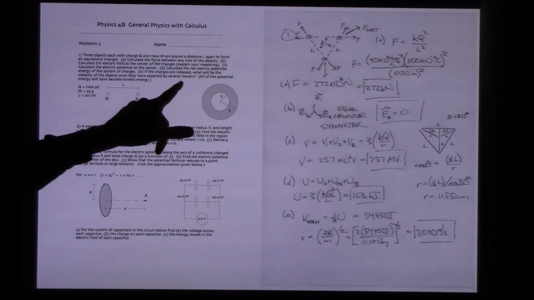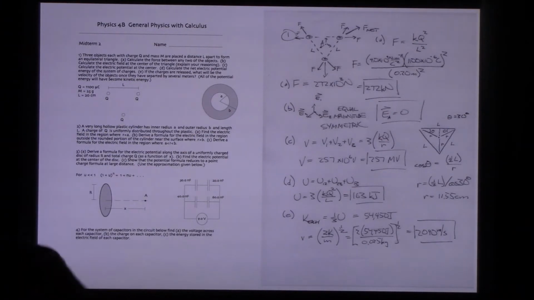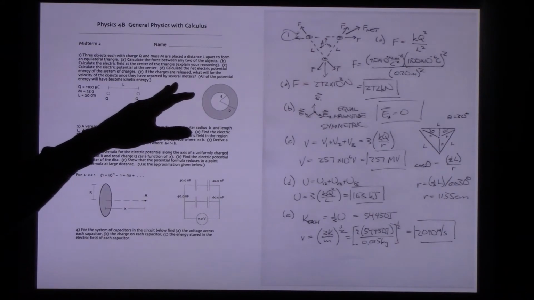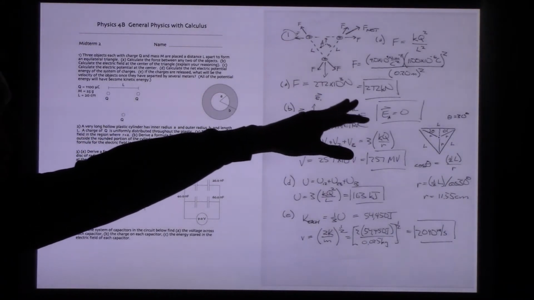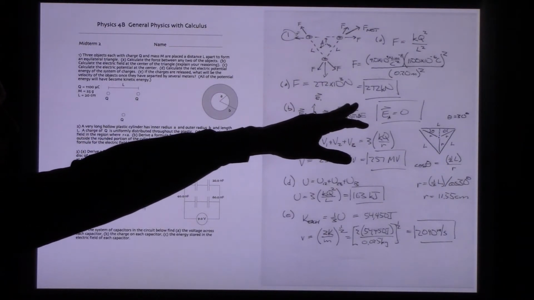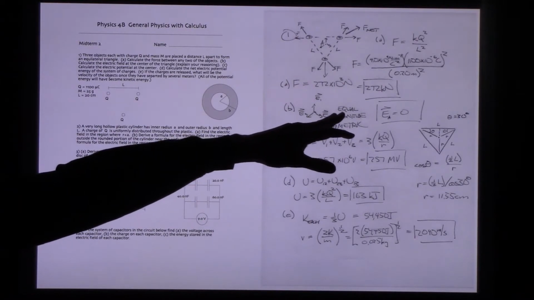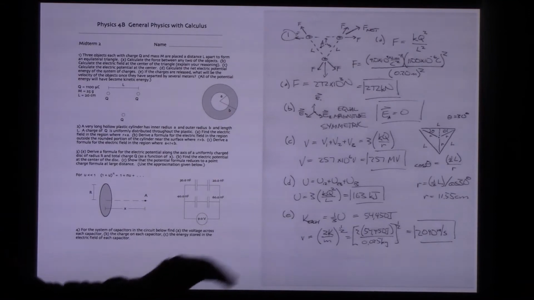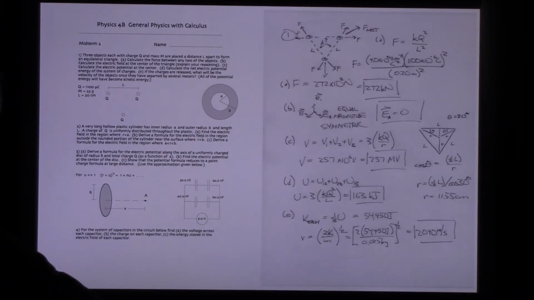So once the charges are several meters away, we're treating this as all the potential energy will be turned into kinetic energy. By the time these have separated by several meters, initially they're 20 centimeters away from each other, we can use the approximation that all of the potential energy has gone into kinetic.